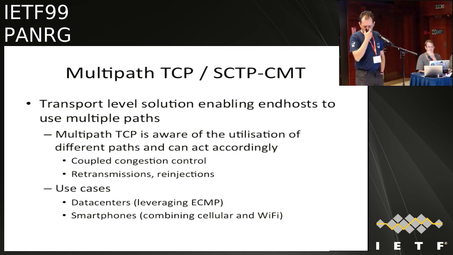Maybe the lesson which can be learned from the design of Multipath TCP and the design of SCTP-CMT is that the fact that the transport layer has visibility on the paths that are used by the underlying network layer is very important, because it allows the transport layer to understand what are the characteristics of a path.